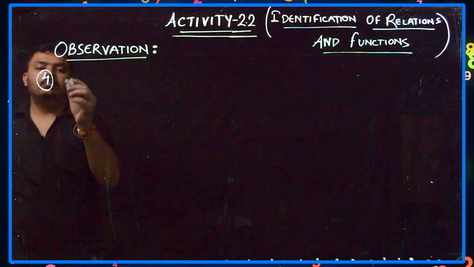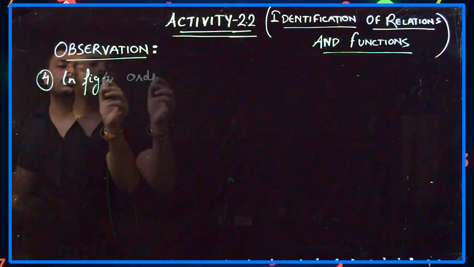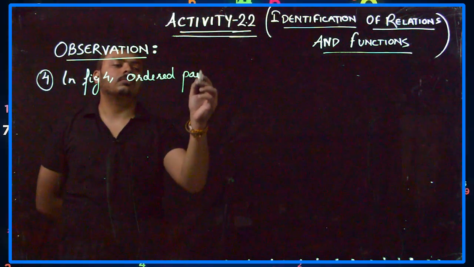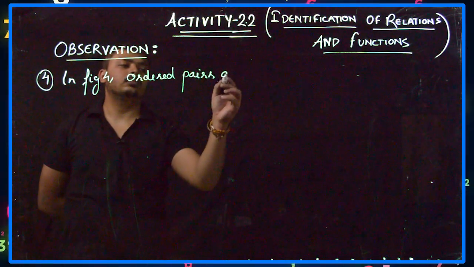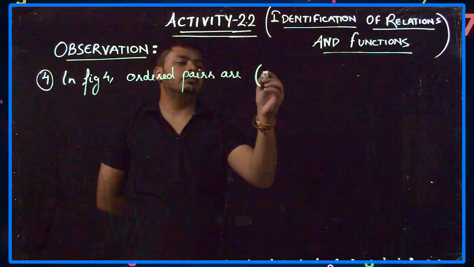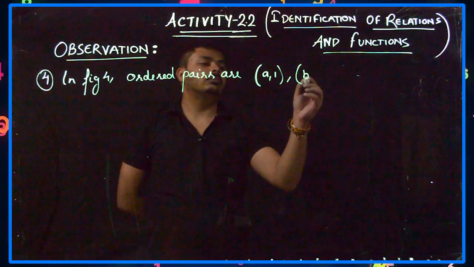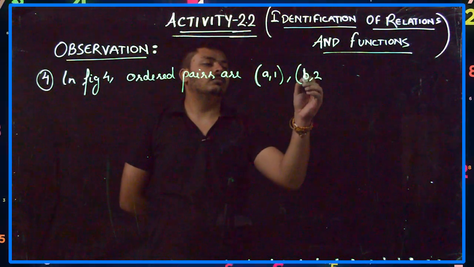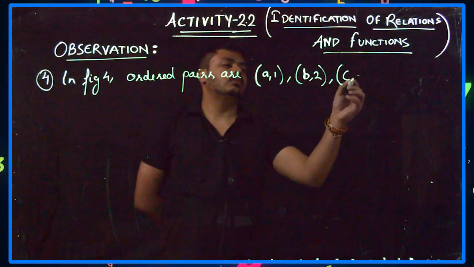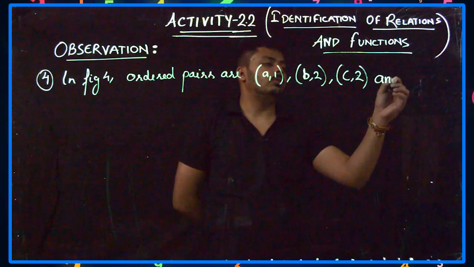So, in figure 4, the ordered pairs are A1, B2, C2 and D4.